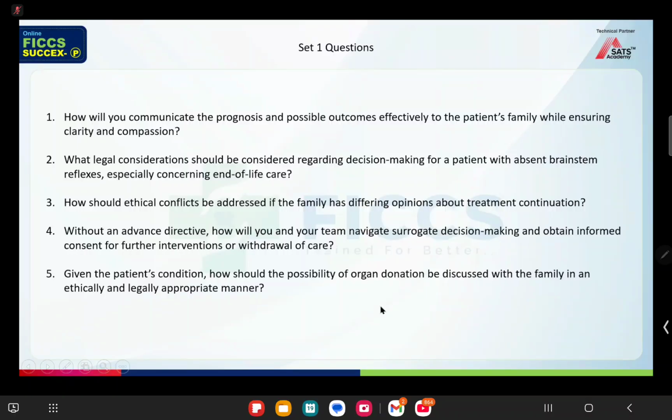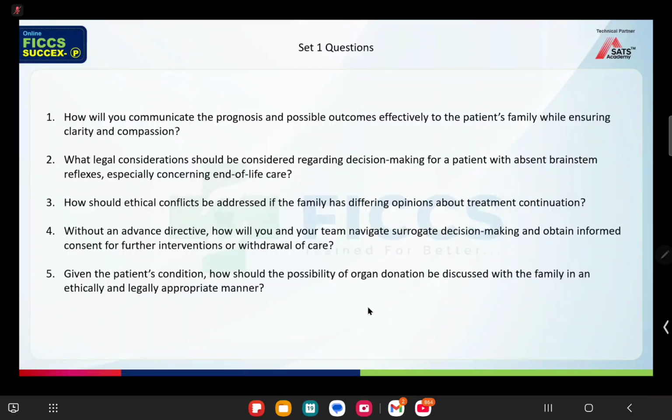The ethical position has also challenged the advanced medical directive, since it is delaying end of life care. The problem is that end of life care is going to suffer because there is no proper consensus. So our team will navigate by getting all the relatives to understand the process of end of life care.